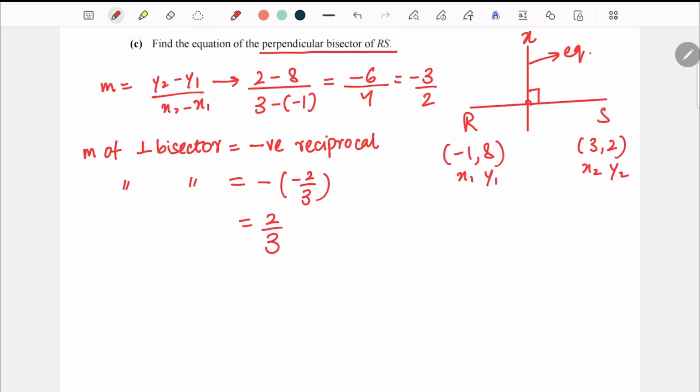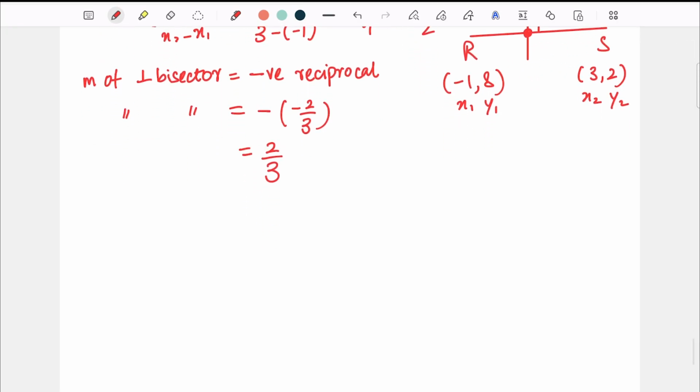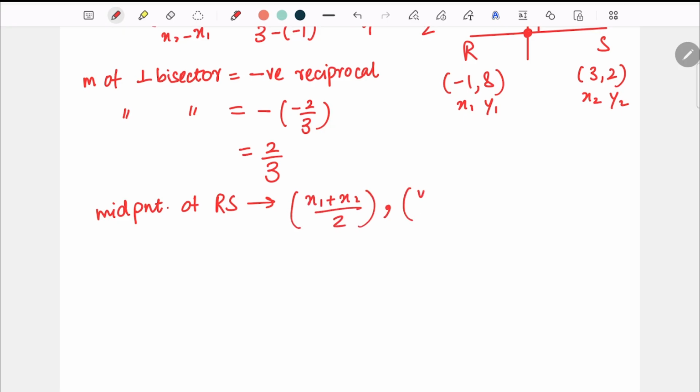The perpendicular bisector passes through the midpoint of RS, because bisector means that it is crossing RS at the midpoint. So we'll find the midpoint of the line RS. The coordinates for the midpoint are (x1 plus x2) divided by 2, comma, (y1 plus y2) divided by 2.